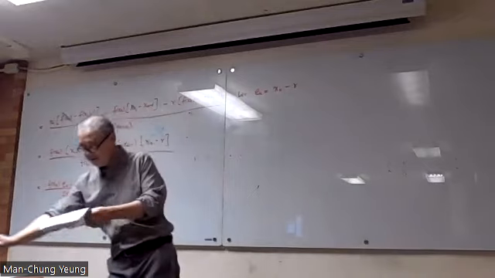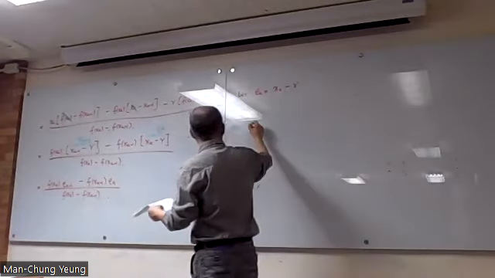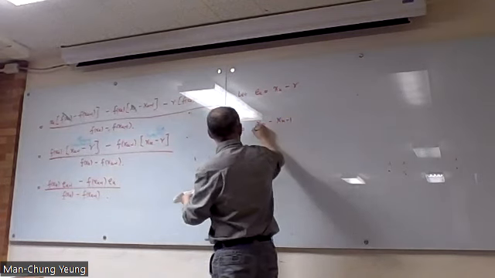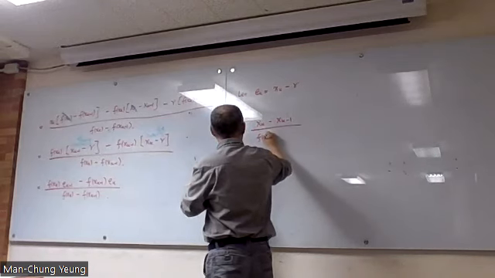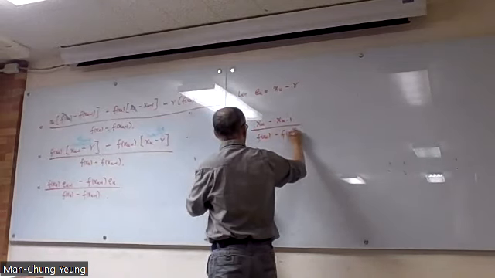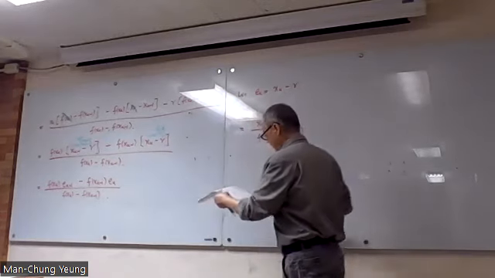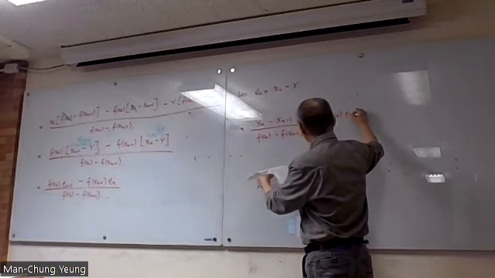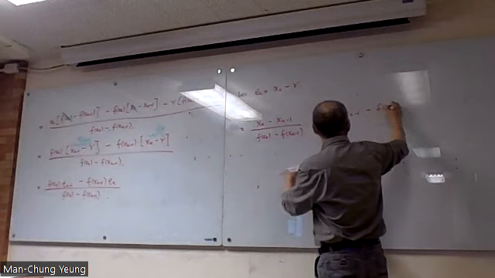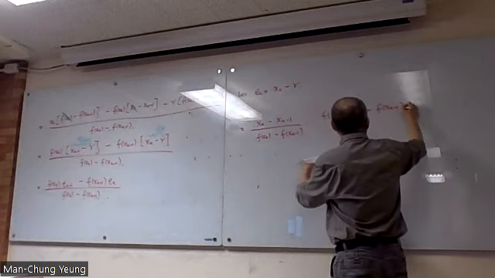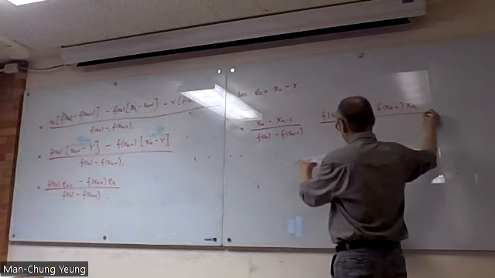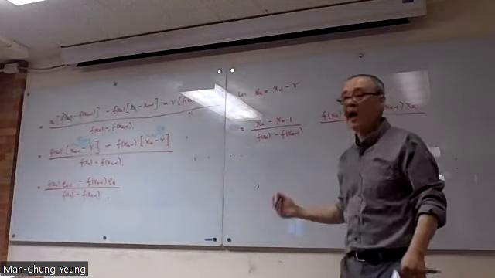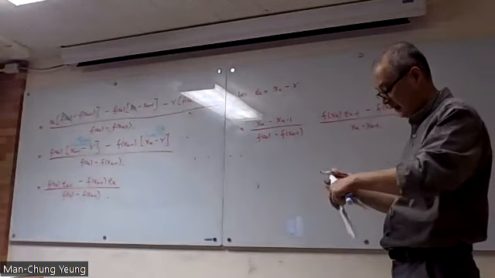I can further rewrite it as xk minus xk minus 1 over f xk minus f xk minus 1, times f xk ek minus 1 minus f xk minus 1 ek over xk minus xk minus 1. Just a little bit tedious algebra.